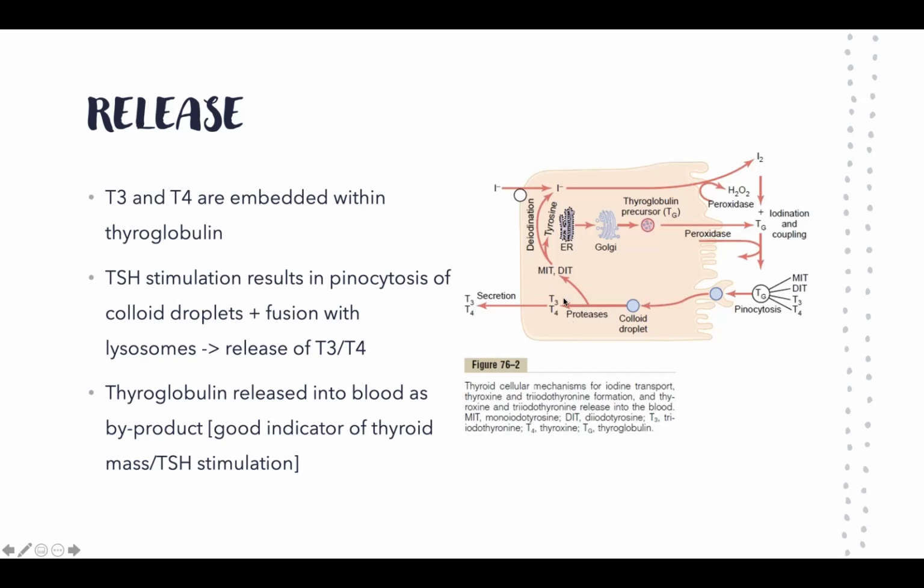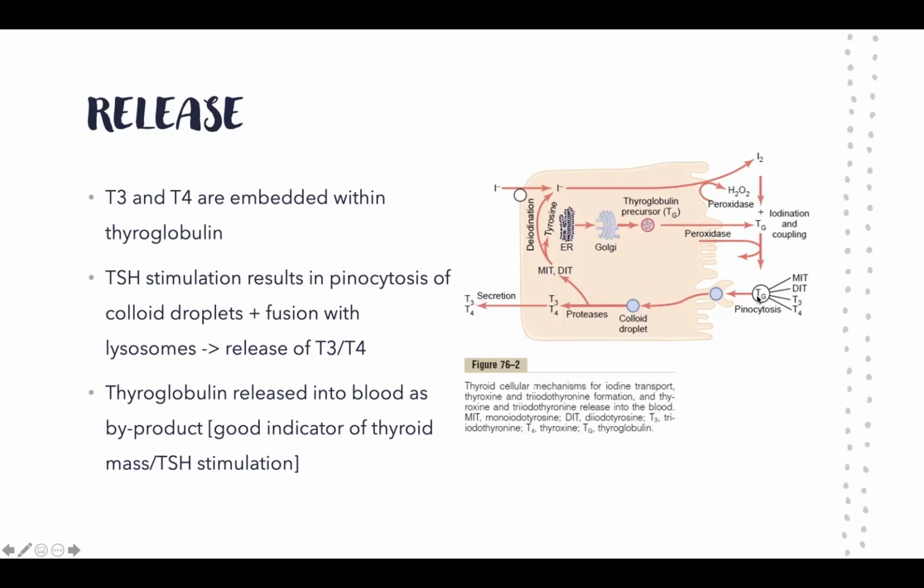Through this lysosome release, some of them do get converted back into MIT and DIT, which can be deiodinated and then go back into the cycle where they can be reused again. However, most of the T3 and T4 will then be secreted as its final form.